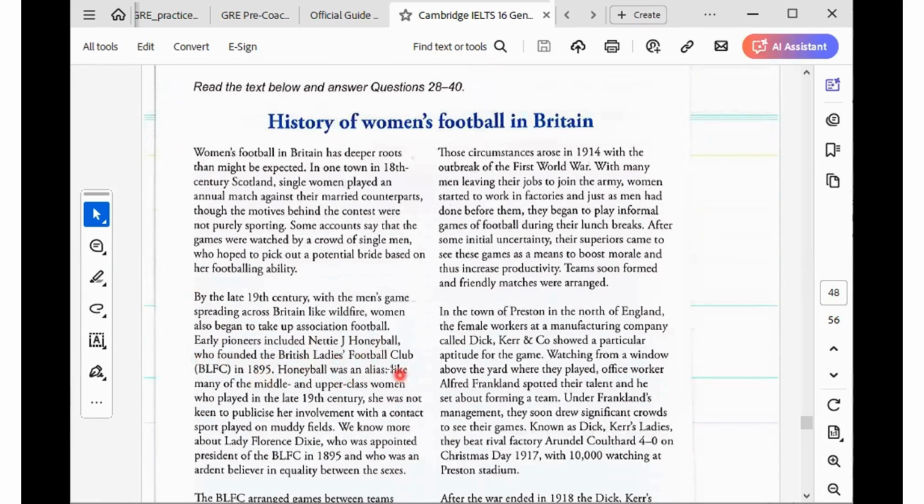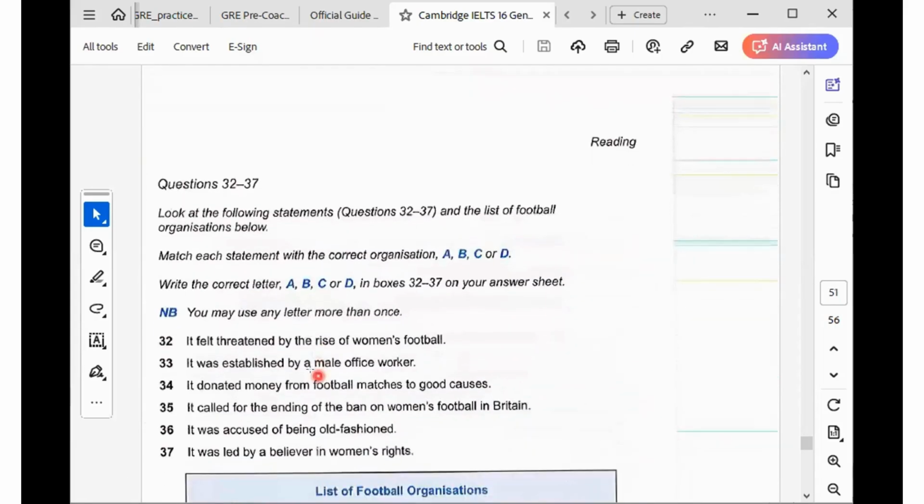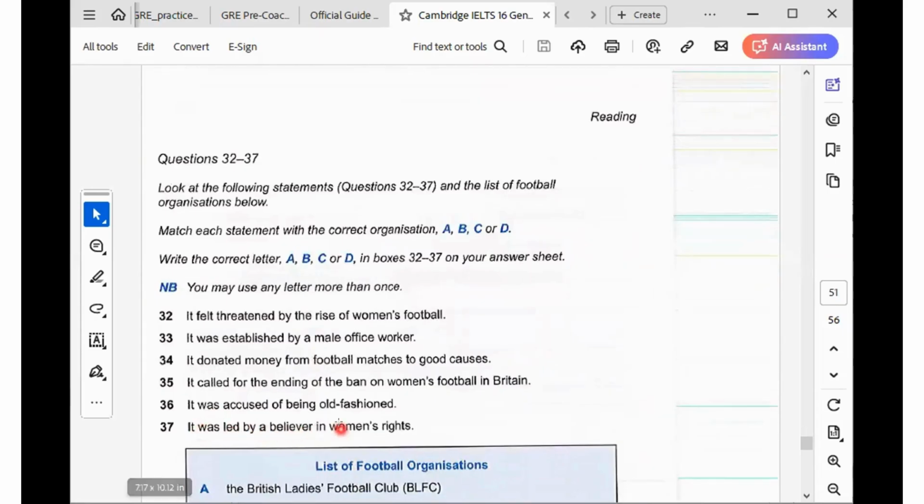Honeyball was an alias, like many of the middle and upper class women who played football. She was not keen to publicize her involvement. Can you see? She's even a female. We know more about Lady Florence Dixie, who was appointed president of BLFC. So it was led by a believer in women's rights.